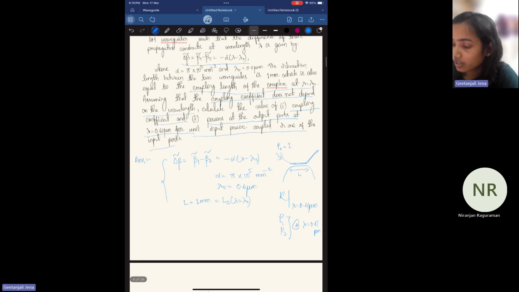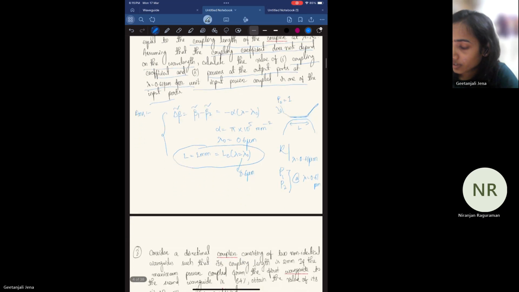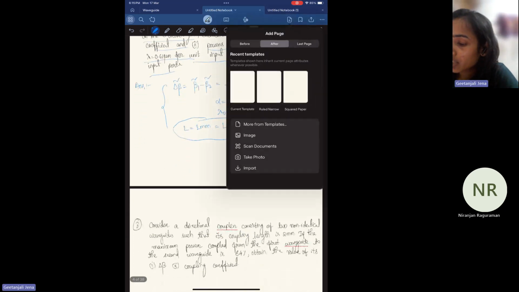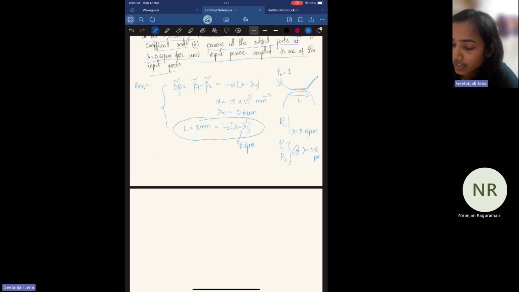So let us see what parameters we can get from the given information. It is given L is 1 mm and it corresponds to the coupling length at lambda equal to lambda 0, which is 0.6 micrometer. So if we recall, for a non-identical waveguide, LC is given by pi by 2 gamma.